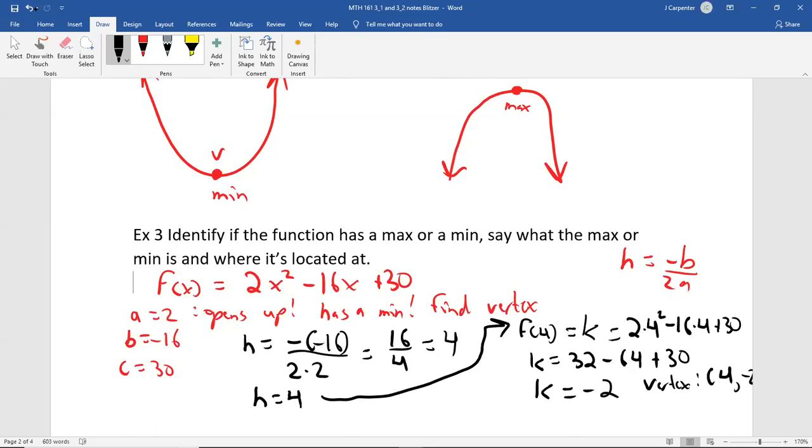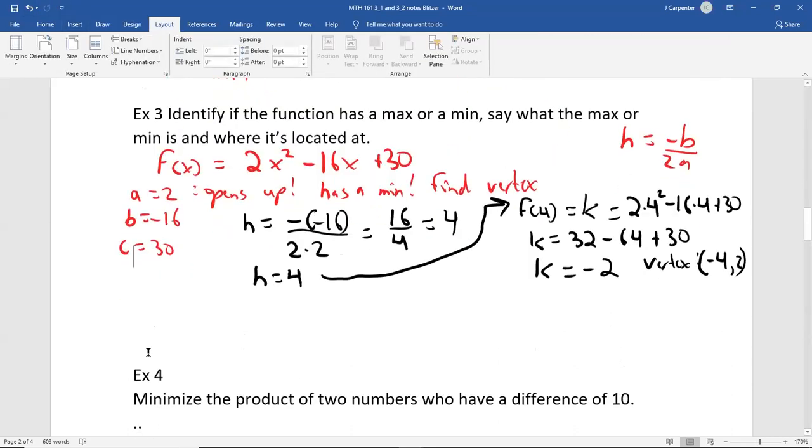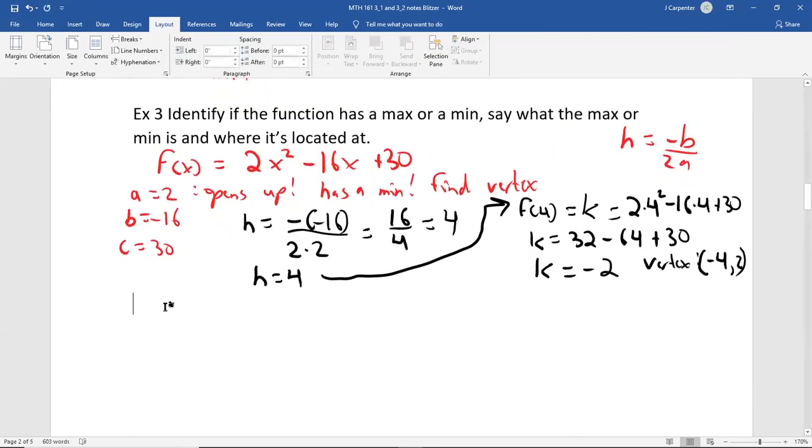That's all we need to tell the max or min and where they're located at. So we already said it was a min. So the minimum occurs at, now that's the x value.